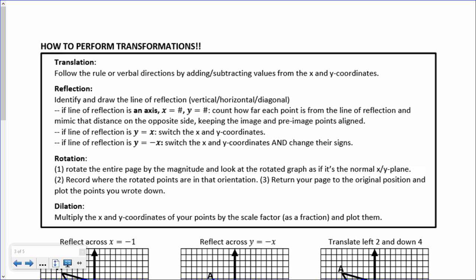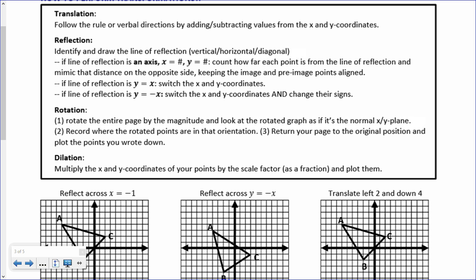Translation's real easy, right? You just read the directions and you got left, right, up, down, pretty straightforward. For reflection, this is where it gets a little bit more complicated. So we have three different scenarios.